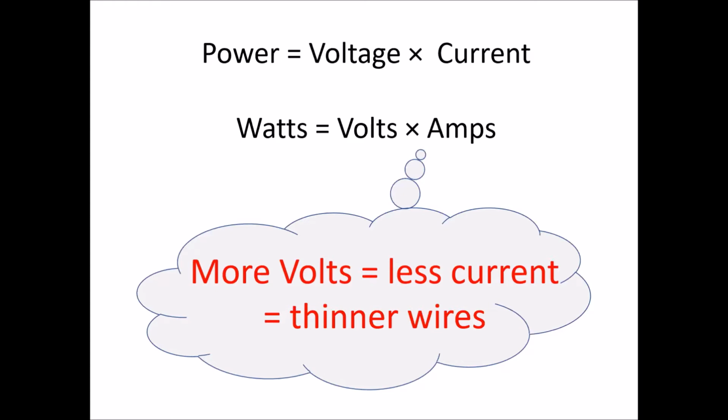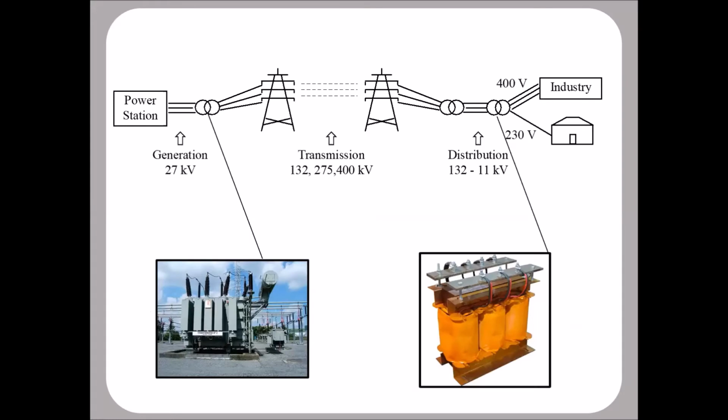So without wanting to tread on Mike's toes, because he's going into this in one of his talks, I'll just show you briefly how the power system looks typically, until recently anyway. The power station on the left produced electricity at maybe 27,000 volts.